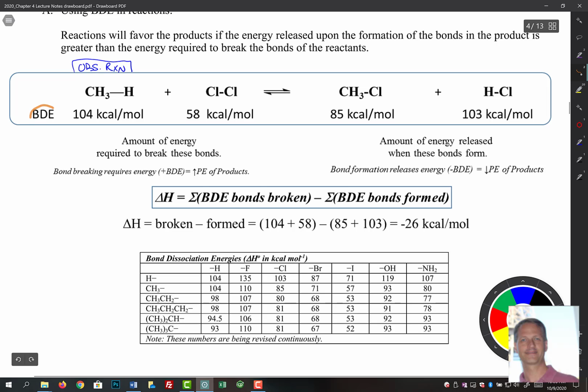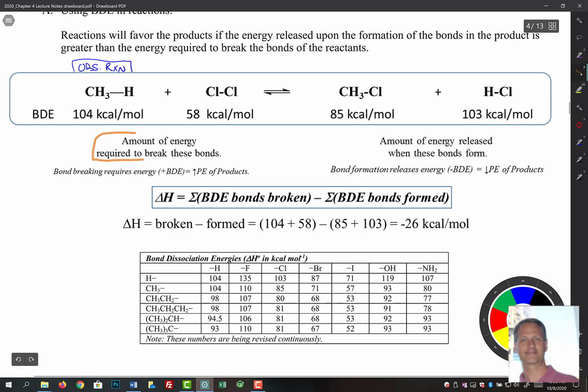Now, we can look these numbers up, so you never spend time memorizing them. In fact, the numbers are always being updated to more accuracy. When you look up the CH3-H BDE, you get 104, 58 for chlorine, 85 for this bond, and 103 for H and Cl.